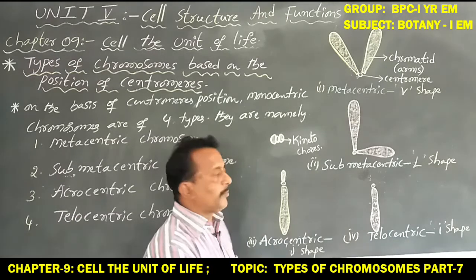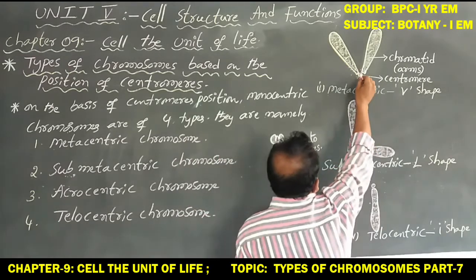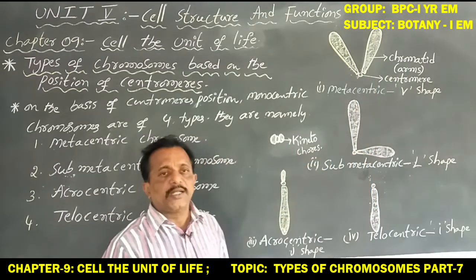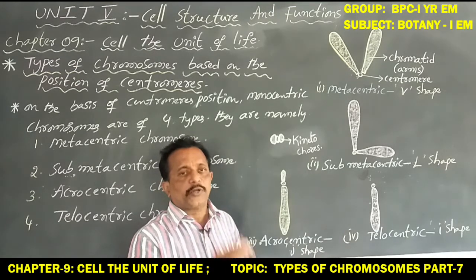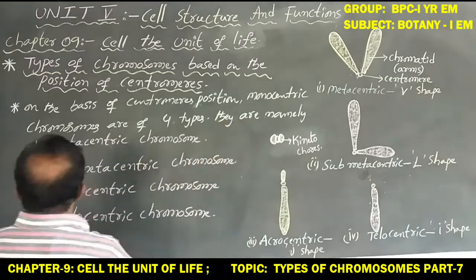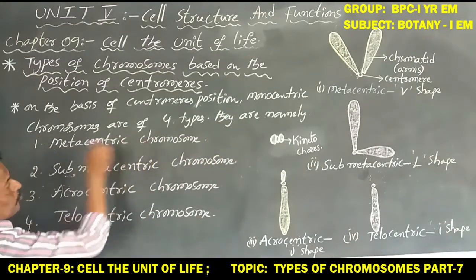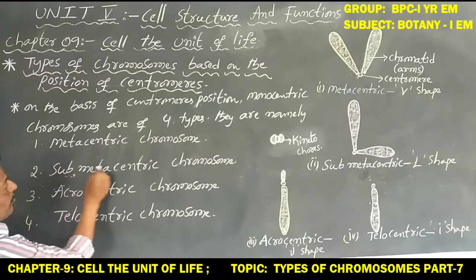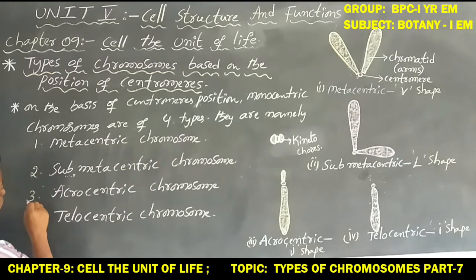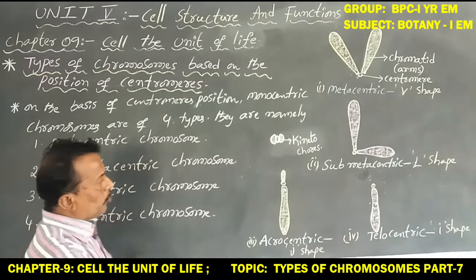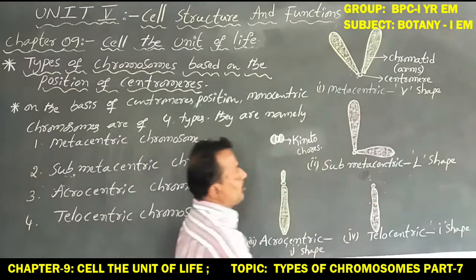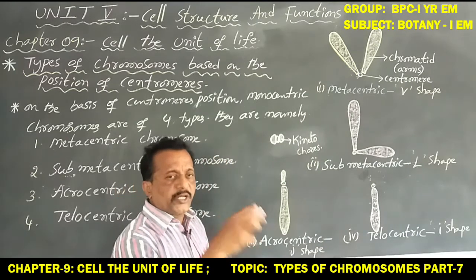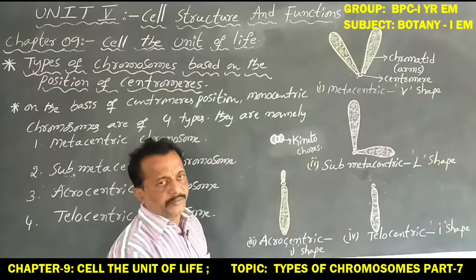These are of four types, namely: first, metacentric chromosome; second, submetacentric chromosome; third, acrocentric chromosome; fourth, telocentric chromosome. Dear students, these are the different types of chromosomes based on the position of the centromere.